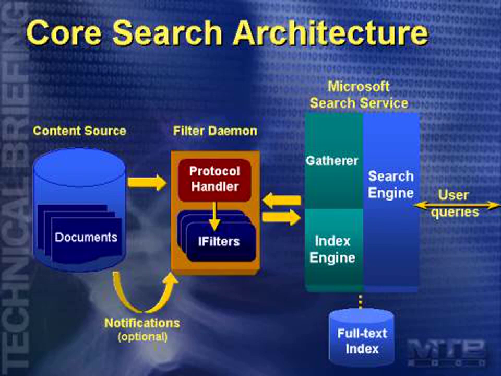So now let's go through and figure out how it flows together. The search service loads the appropriate protocol handler, which then goes out and connects to that content source. And it retrieves the set of documents that needs to be indexed. It then passes those documents on to the filters so that the appropriate textual streams are emitted and given to the indexing engine.